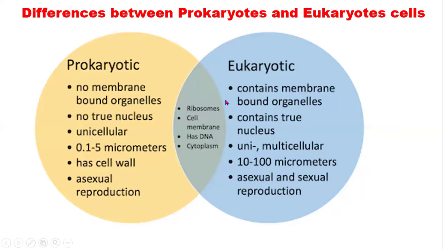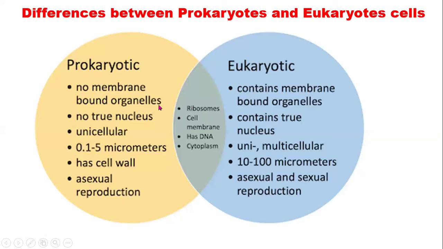So when you look at the kingdom classification, the 5 kingdom classification, you can see that the fungi, the plants and animals all fall under eukaryotes, while bacteria and blue-green algae fall under prokaryotes. So what are the differences and what do they share in common? If you look at this Venn diagram, you can see that prokaryotes have no membrane-bound organelles.